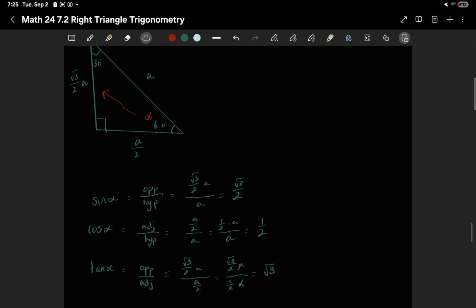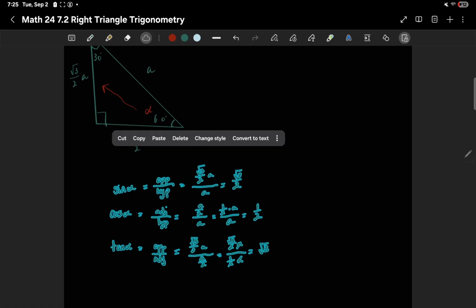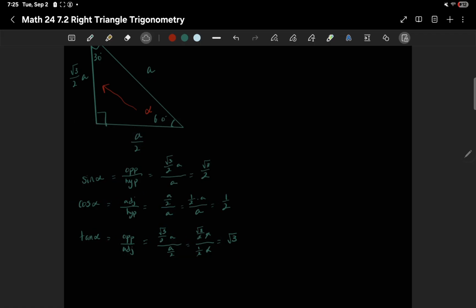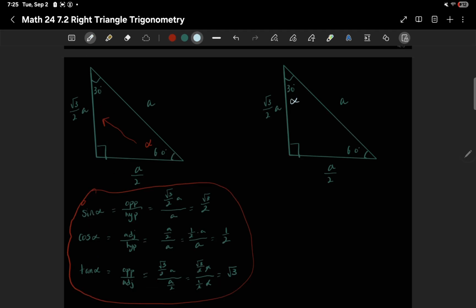Okay, now I'm going to resize this a little bit, take up slightly less space. And so that was when we chose alpha to be the 60-degree angle. I'll put this in red to represent that.